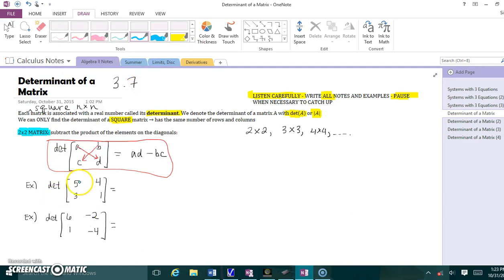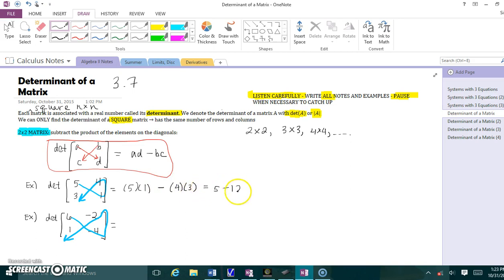Okay, if I want to find the determinant of this matrix here, I'm going to do 5 times 1 minus 4 times 3. To find the determinant of this matrix, I'm going to do 6 times negative 4 minus negative 2 times 1. So if drawing that little x helps you, then do that. So determinant here is 5 times 1 minus, remember you always subtract, 4 times 3.